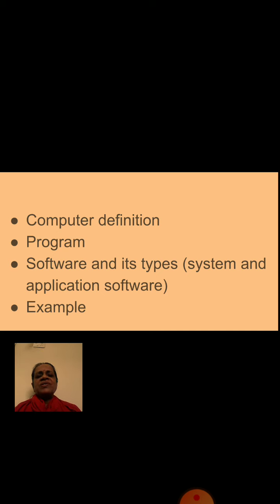What are the two examples we discussed under system software? They were operating system and utility programs. I will repeat. Under system software we discussed operating system and utility software. What are the examples we saw under the operating system?